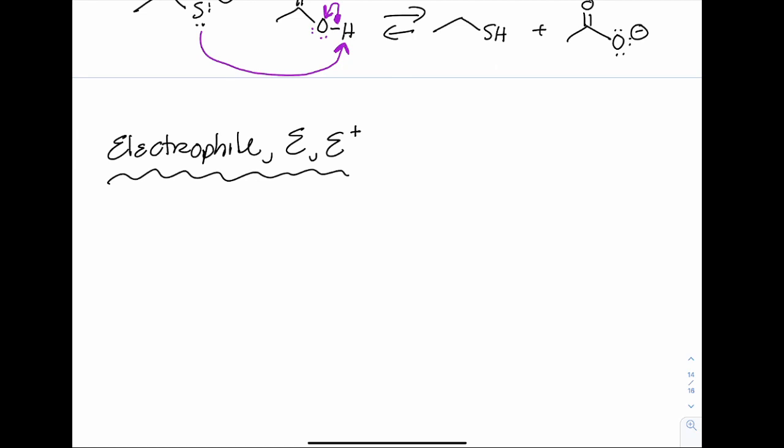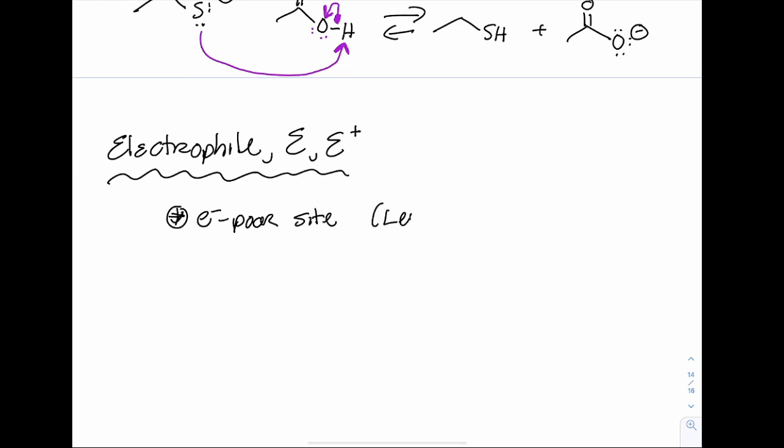It doesn't have enough electrons, it wants electrons. Electrophile, if you translate that word, means it loves electrons. If you see that word phile, it really loves it, it likes it a lot. So this really loves electrons because it's short on electrons. So this is my electron poor site.